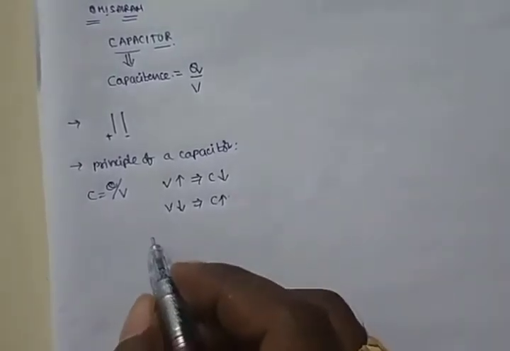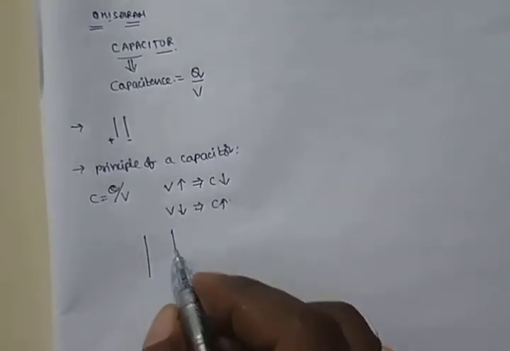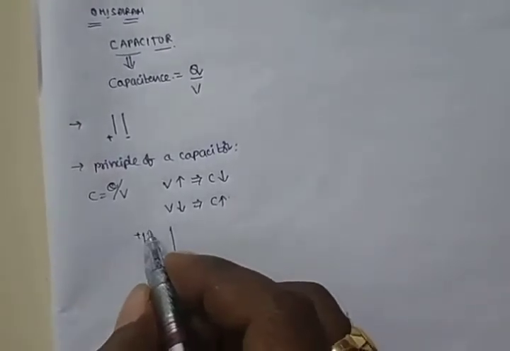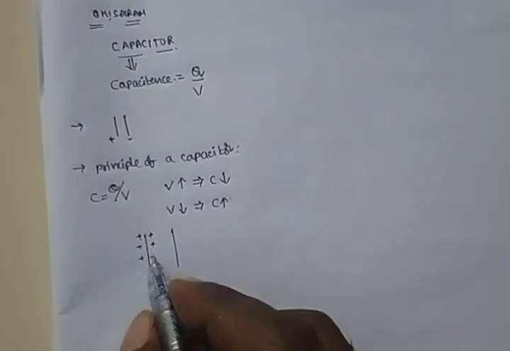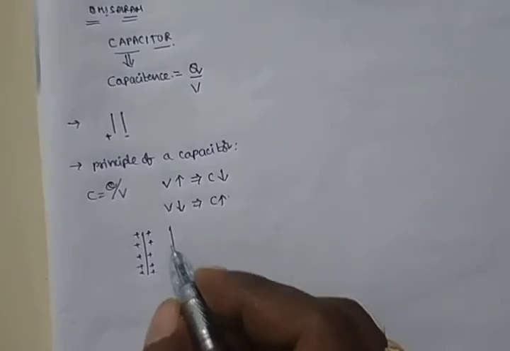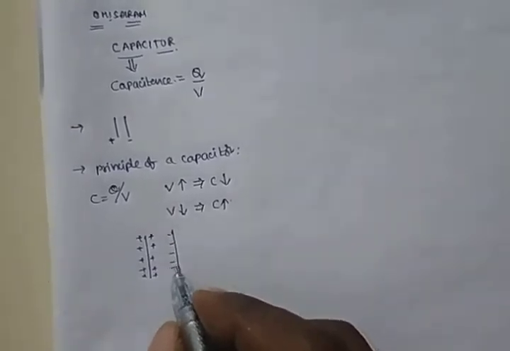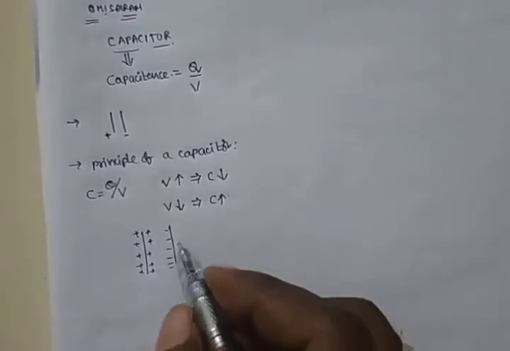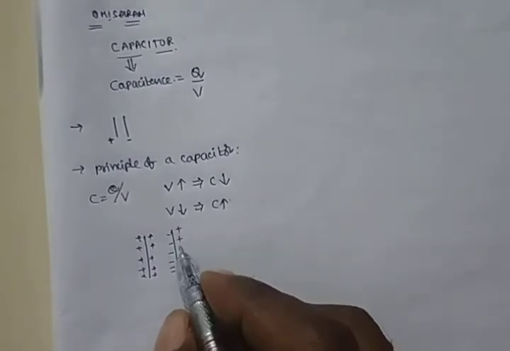So this is a positively charged metal plate. Due to the induction method, the inner charge becomes negative and the outer charge becomes positive.